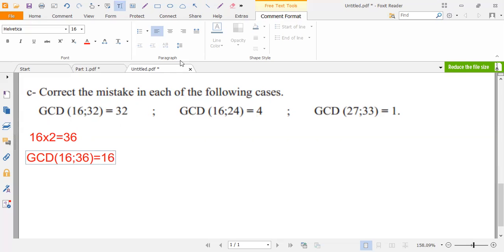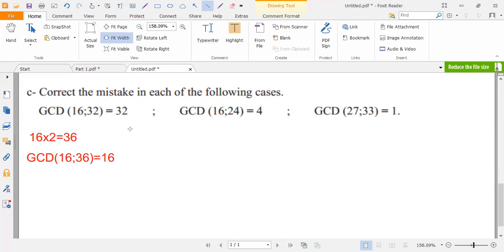Now the GCD of 16 and 24 is equal to 4? They say correct the mistakes. We are sure that we have a mistake. But the GCD of 16 and 24 is equal to 4?